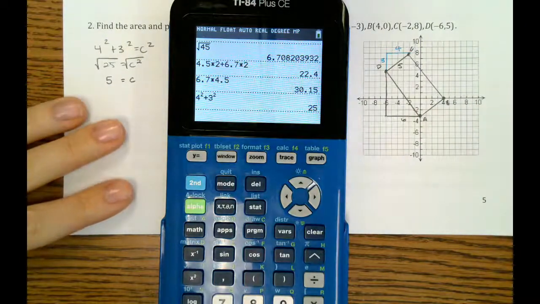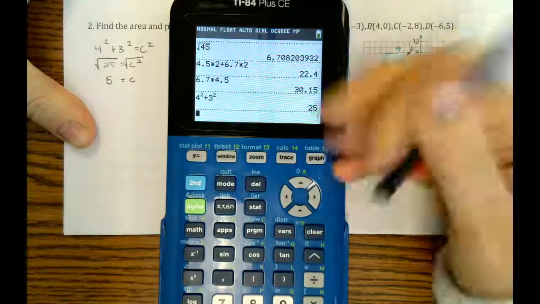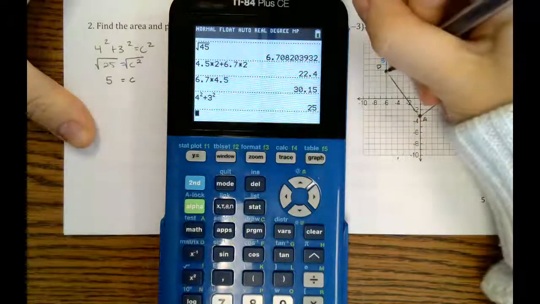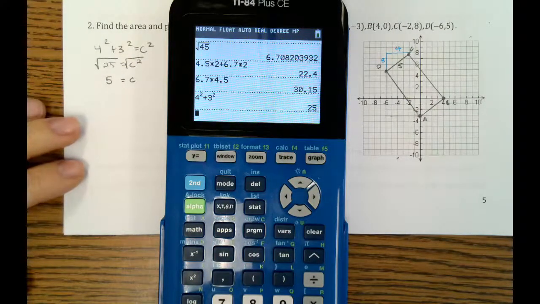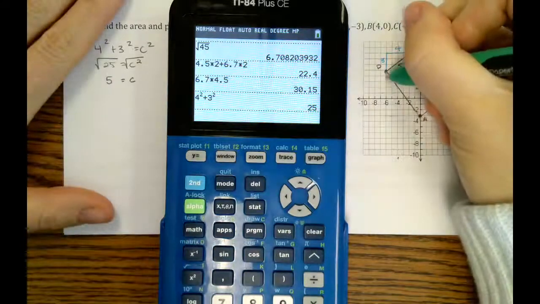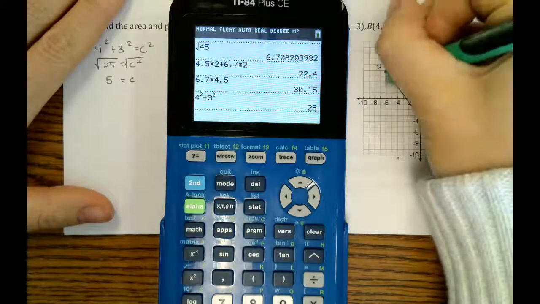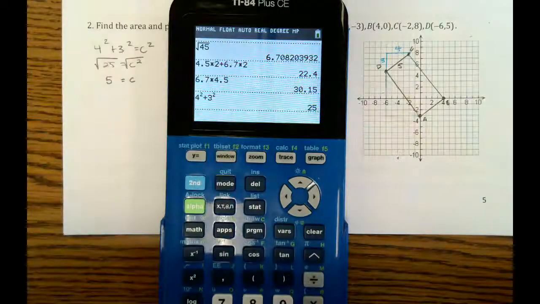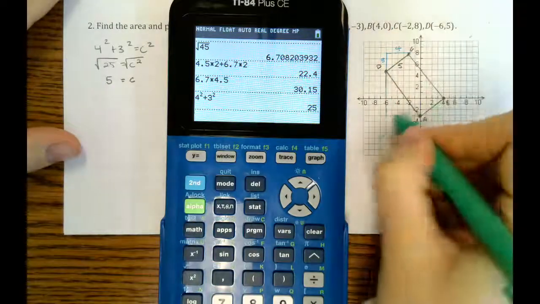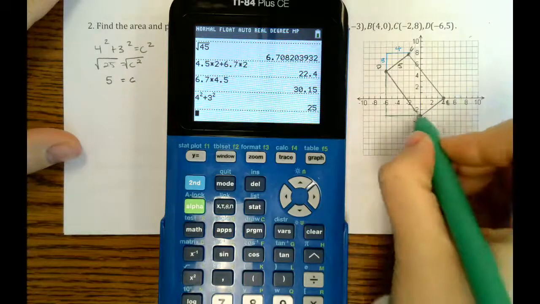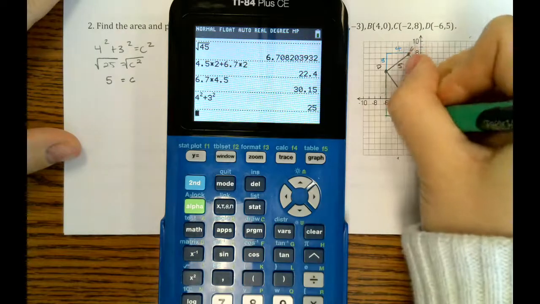Oops, I should have used a different color for that. So we have a measurement of 6 down here.